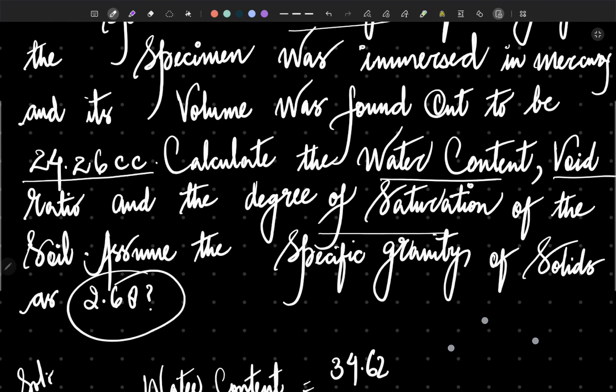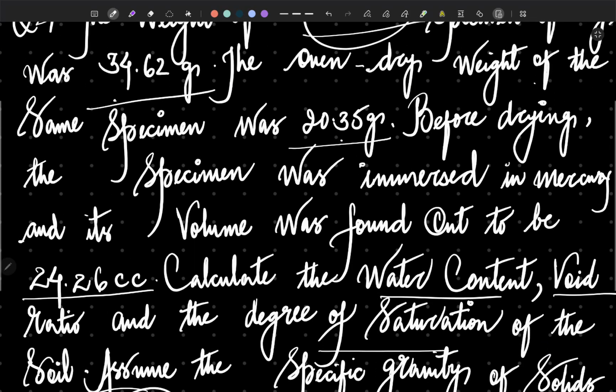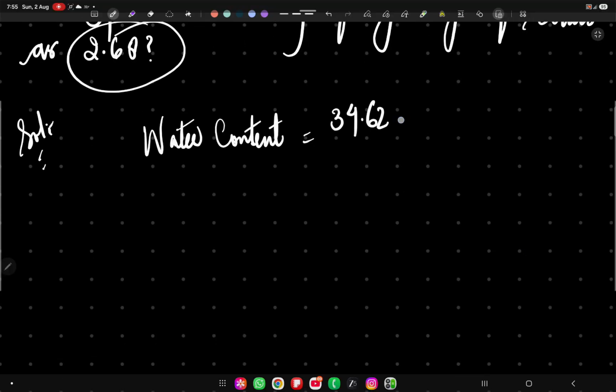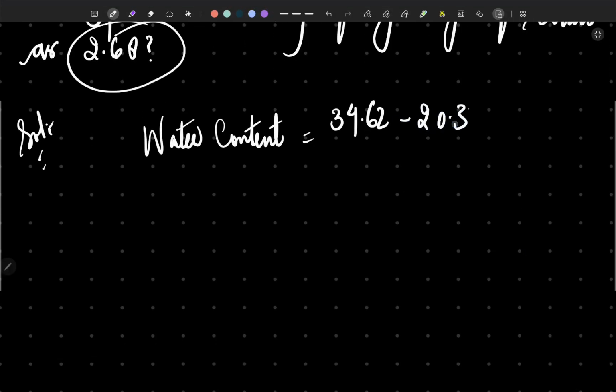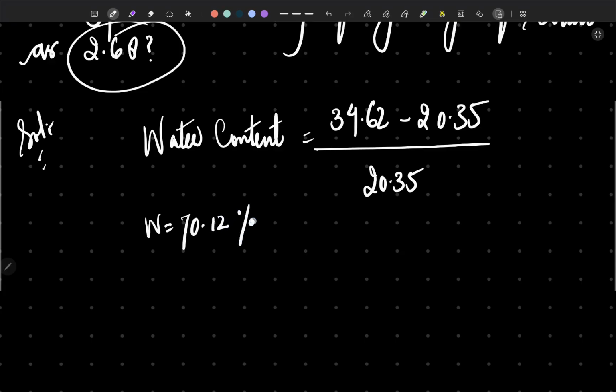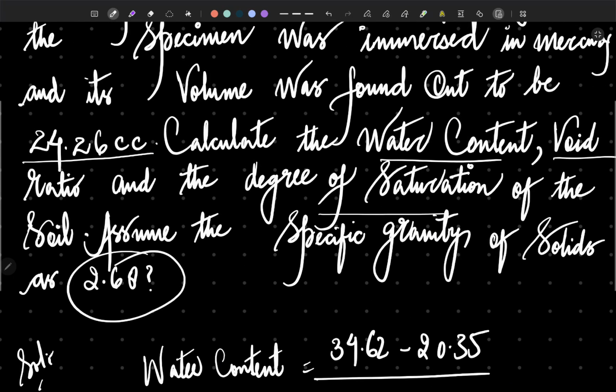So the water content is 34.62 minus the oven dry weight, 20.35, divided by 20.35. By calculation, water content is equal to 70.12%. All right, the water content is done.